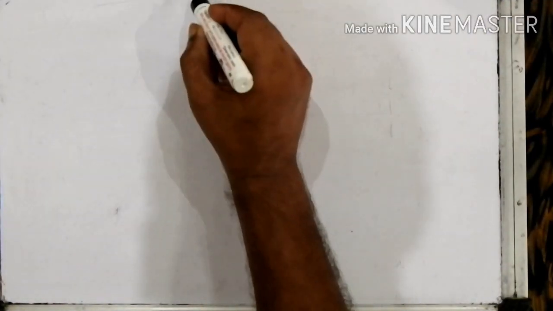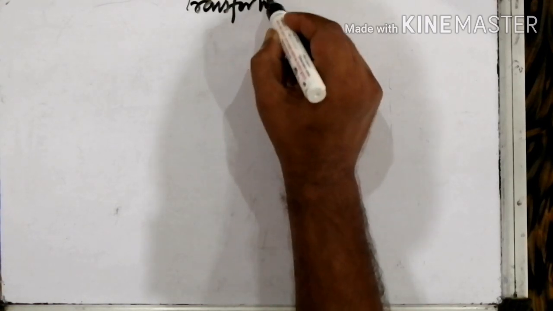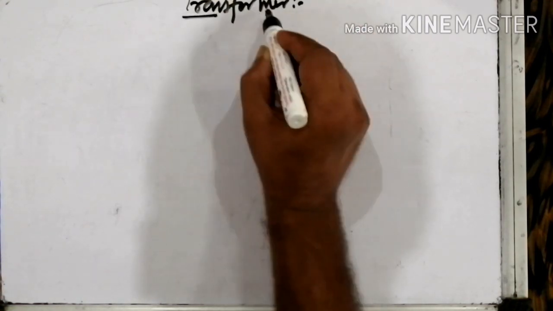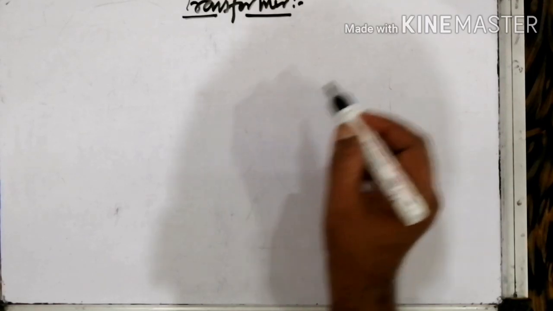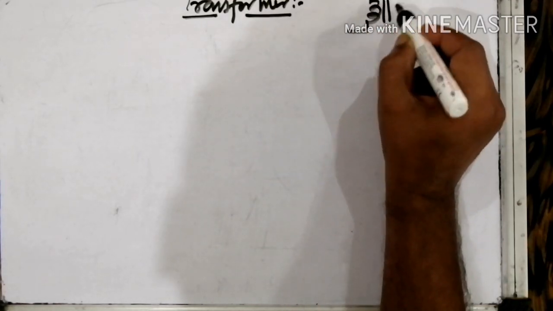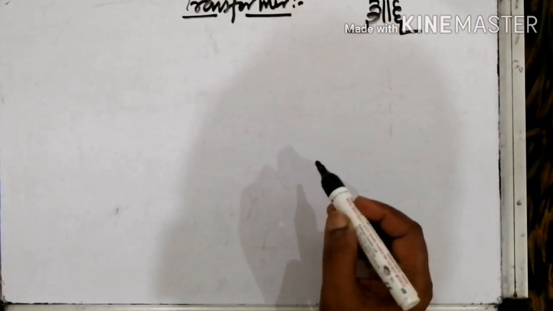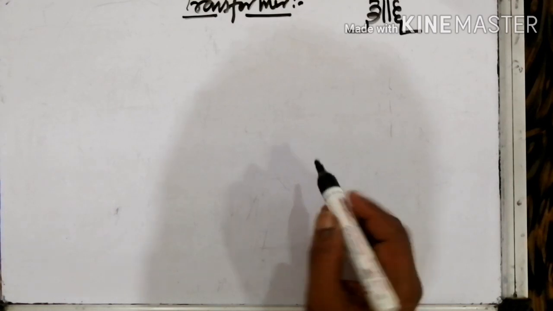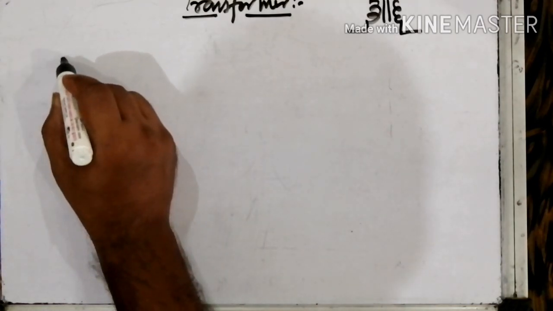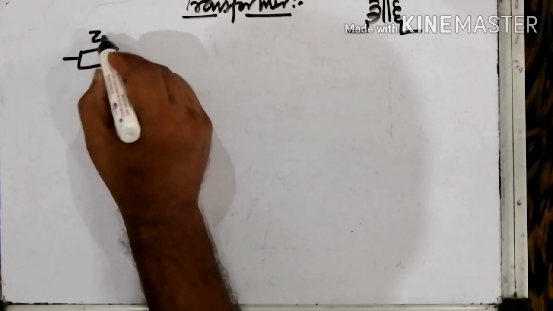Now the next one is transformer. The symbolic representation of transformer is like this. Now the actual diagram of transformer. This one is impedance Z1.